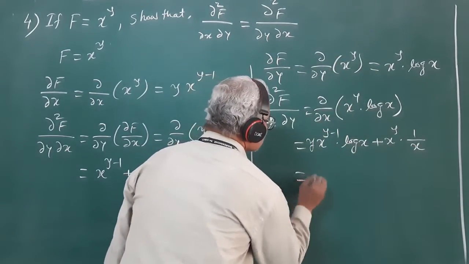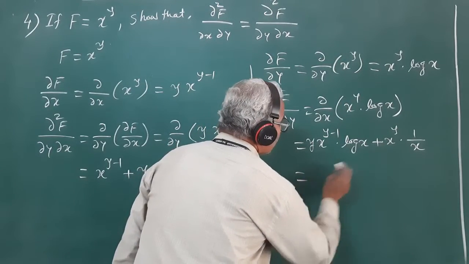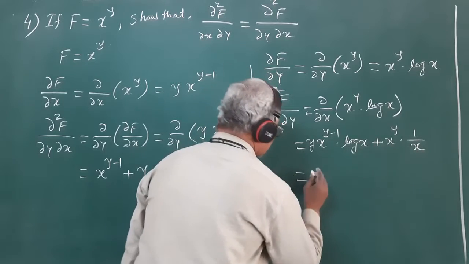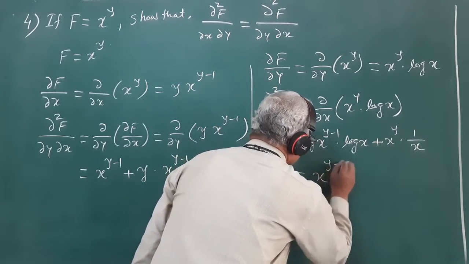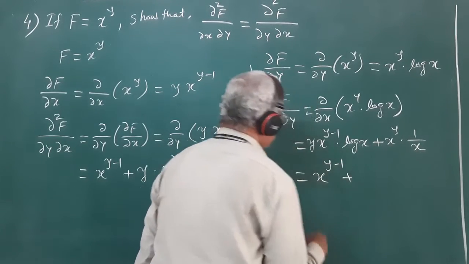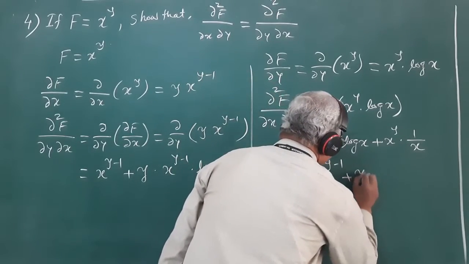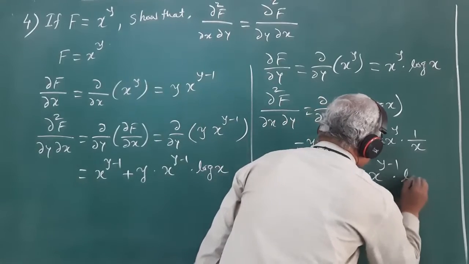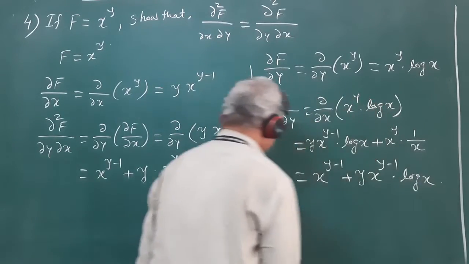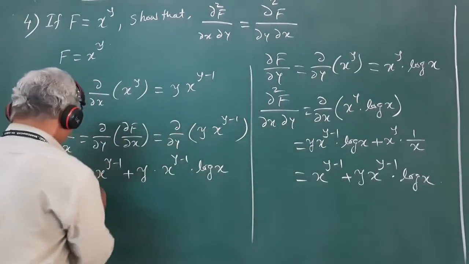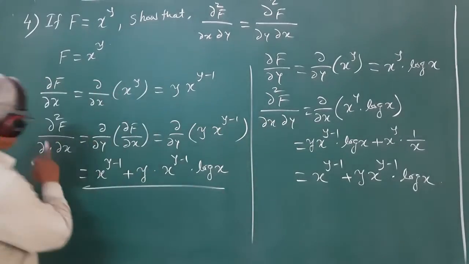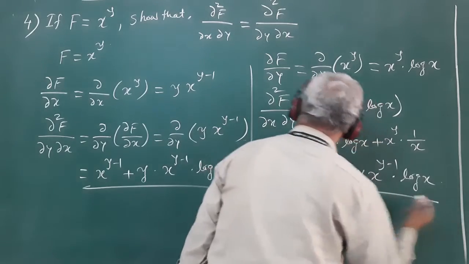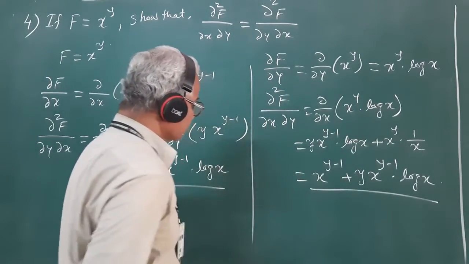So x raised to y divided by x is nothing but x raised to y minus 1, plus the second term y x raised to y minus 1 into log of x. So this is the expression for ∂²f/∂x∂y.